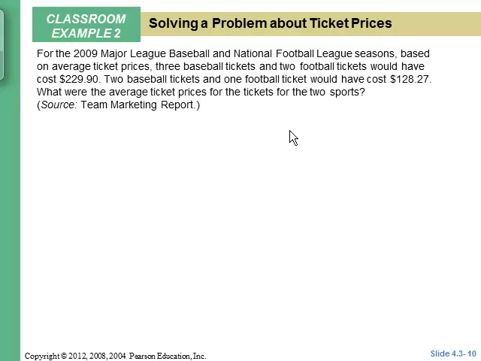When you have money problems, it's sometimes good to write a formula. Here we've got baseball and football tickets.